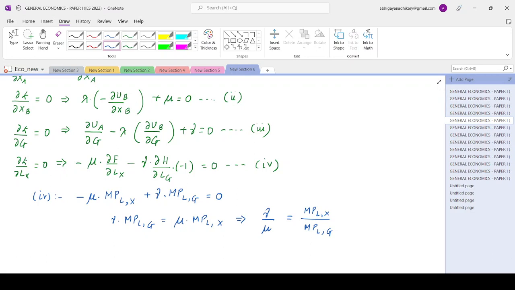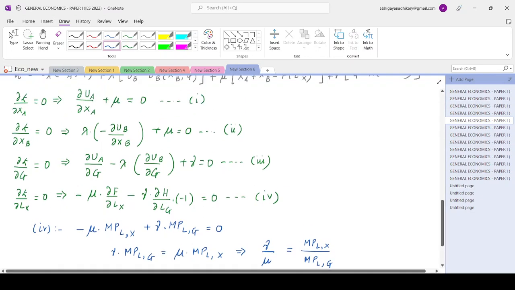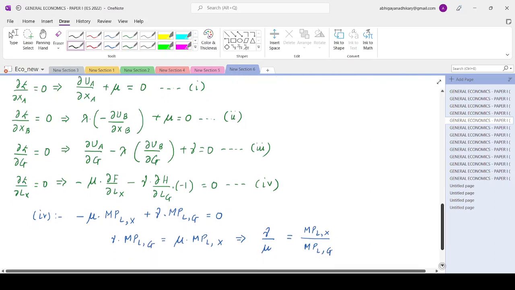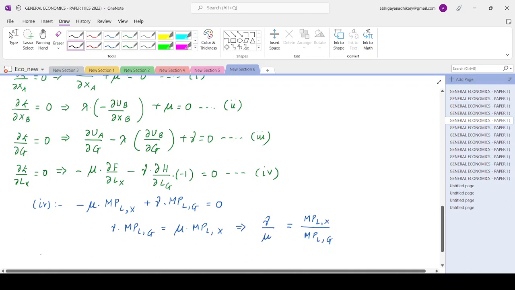Now look at this. This is equation number 4 that we have solved. There are a few interesting things that we can get from equations 1 and 2 as well. From equation 1, I'm rewriting it so that it's easier to understand: del UA by del XA plus mu is equal to 0.